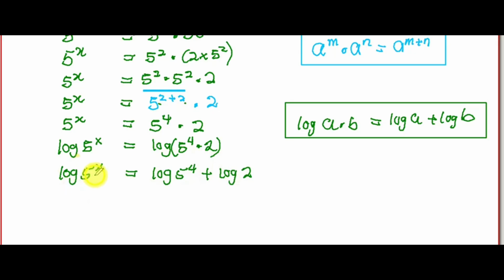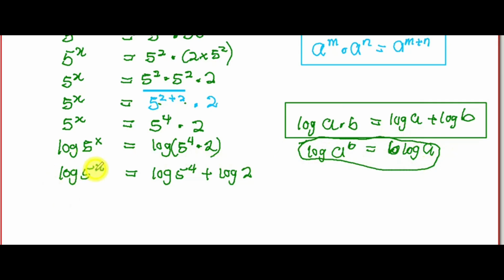So we can still see that we have x as an exponent here. We are going to find the value of x. So here we can apply this particular rule. If you have log a to the power b, it is going to give us b log a, right?